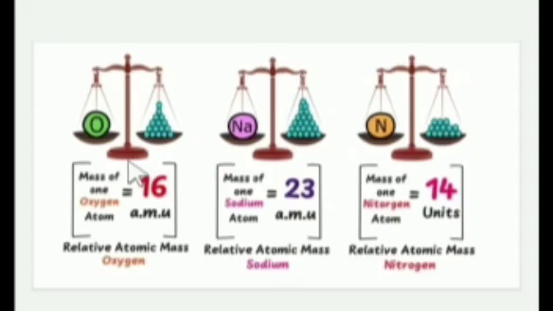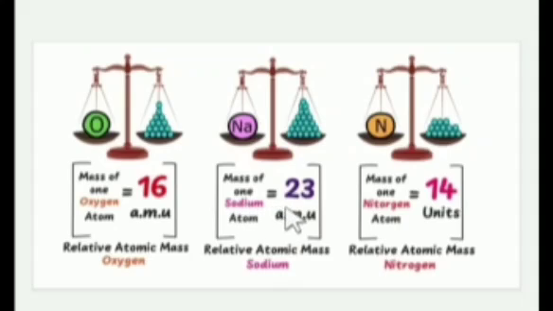Now what happens if we compare the mass of one oxygen atom with 16 AMU? It means that the relative atomic mass of oxygen is equal to 16 carbon units, because oxygen's relative atomic mass is compared with the carbon atom.